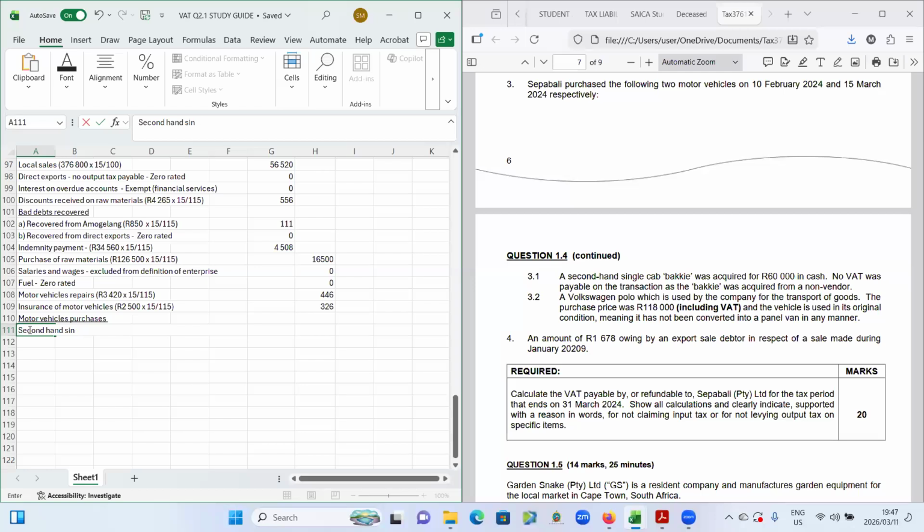Single cab, yes? From a non-vendor. So this one, we call it notional input tax. It's notional input tax.